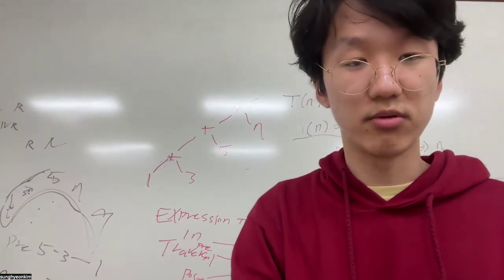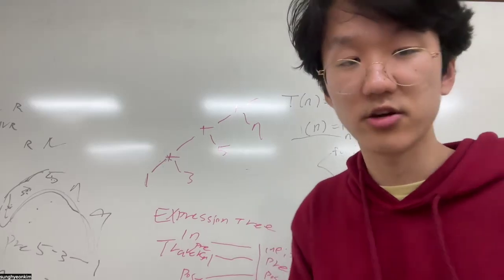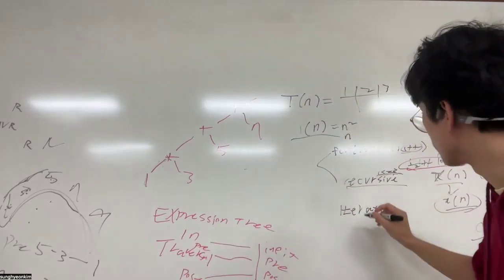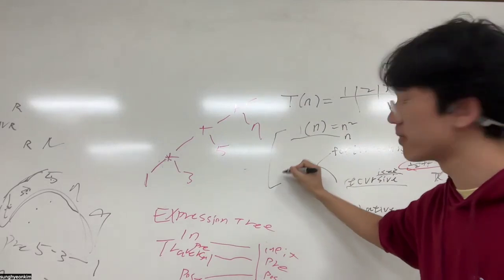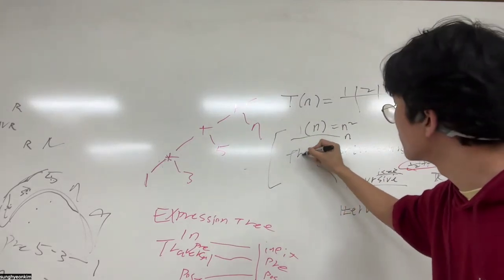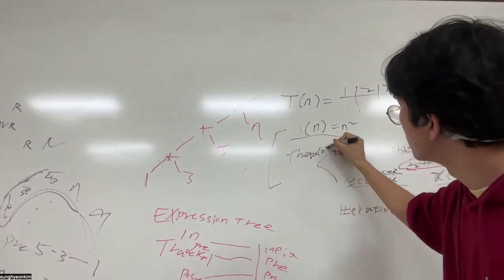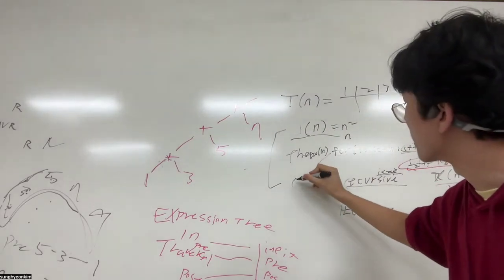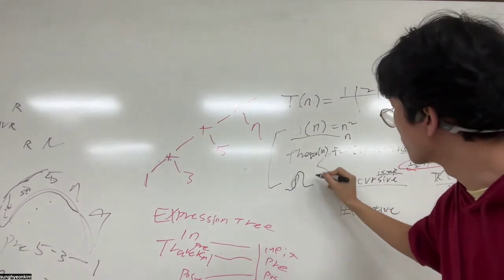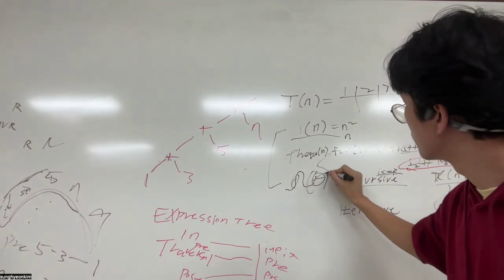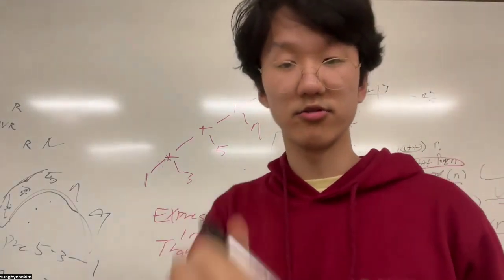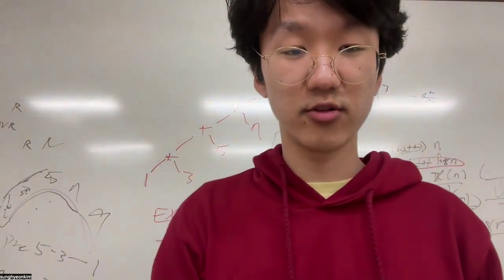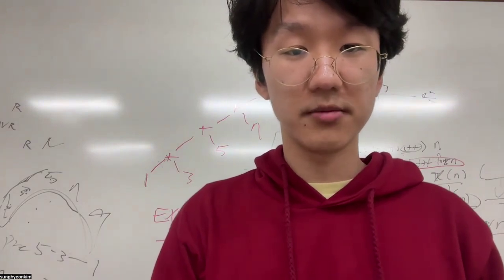I will not go deeper. In complexity, there are 3 notations that you can use: O(n), theta, and omega(n).